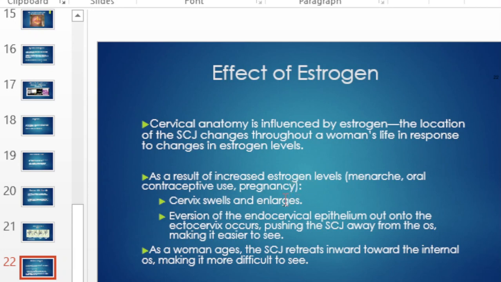At this time, the cervix will be swollen and it will be big. There's eversion of the endocervical epithelium out into the ectocervix, and that way it is easier for you to see the squamocolumnar junction. Now, as a woman ages, like we've seen in the diagram, the squamocolumnar junction retreats inwards towards the internal os, making it more difficult to see.